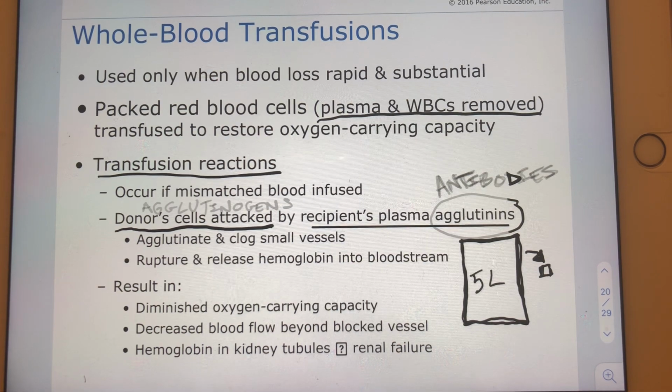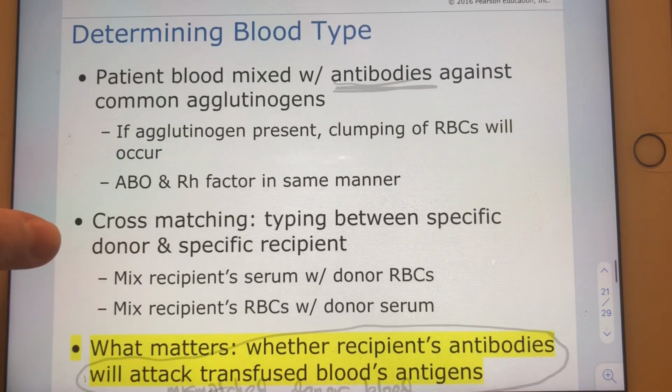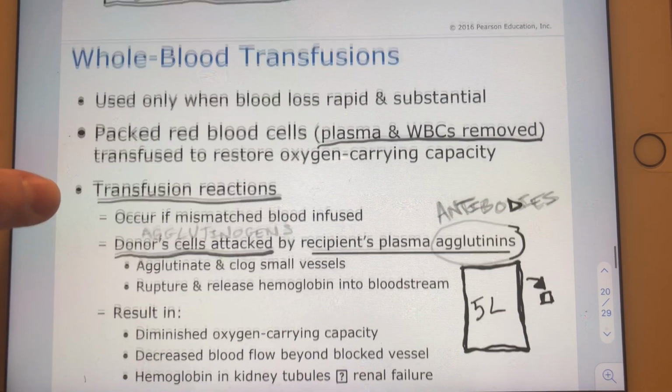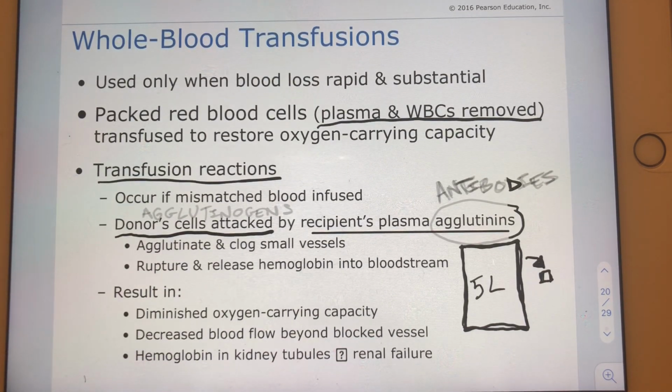It also greatly increases the likelihood that those donor cells will rupture and release hemoglobin into the bloodstream, which also impairs blood flow.